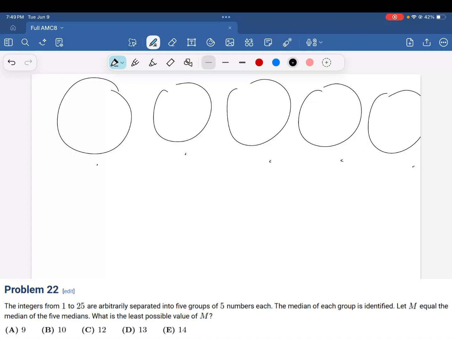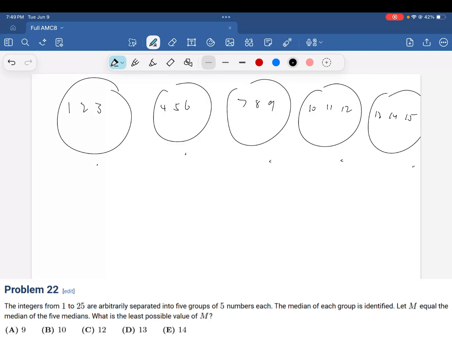So for example, we could have 1, 2, 3 as the 3 smallest ones in this group, and then 4, 5, 6, and then 7, 8, 9. And then we could continue with 10, 11, 12, 13, 14, 15. So after this, we'll have to add 2 extra numbers into each group to finish this set.